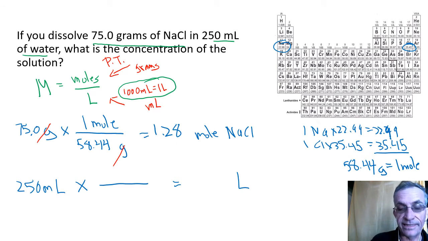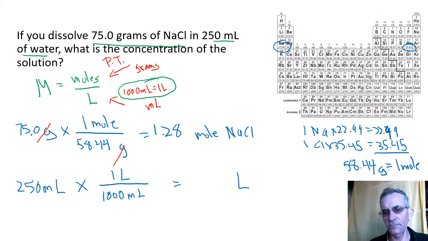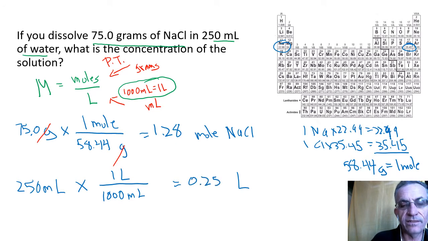So if you have 250 milliliters, you put the 1,000 on the bottom and the 1 liter on top. If you divide by 1,000, the amount of water we're using is 0.25 liters. Now we're in business. We have moles, we have liters. If we divide those two, we'll get our molarity.